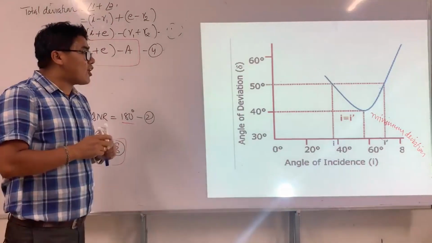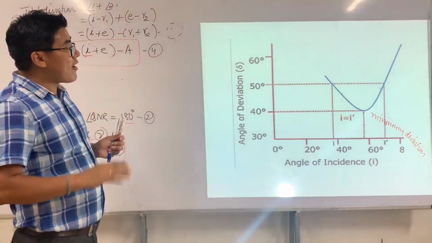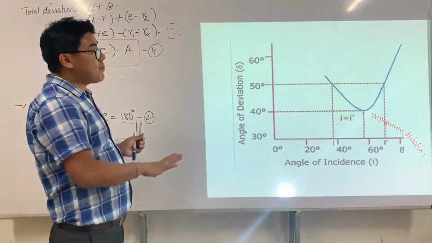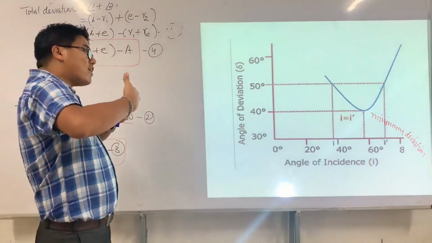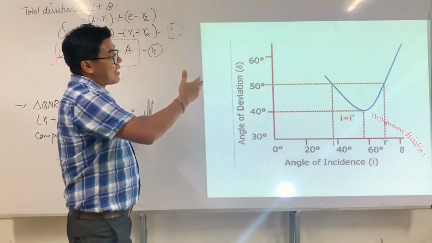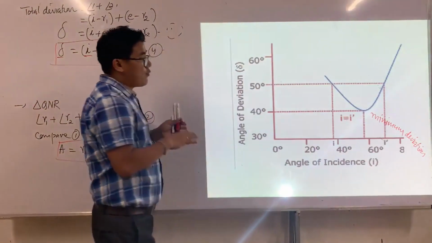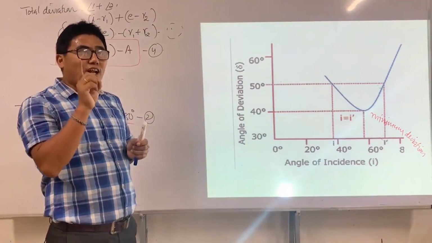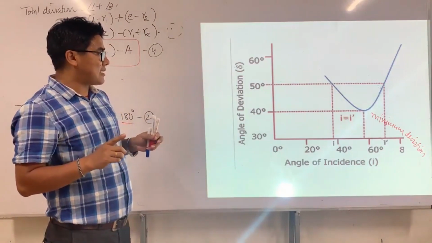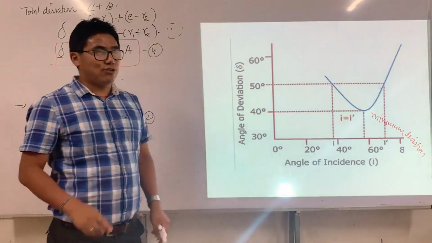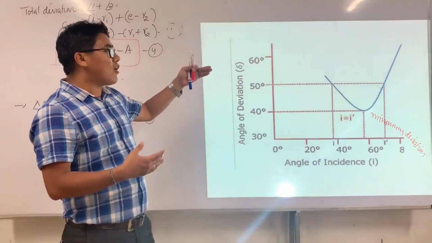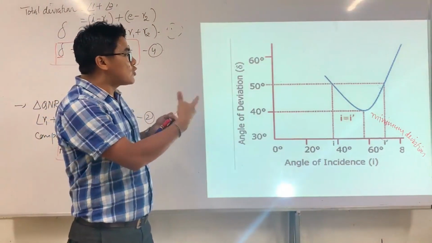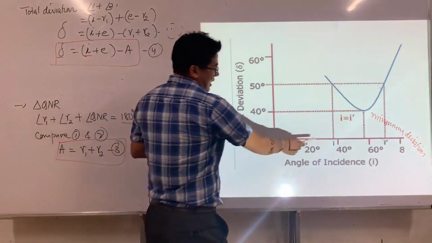So at a particular angle of incidence, the deviation becomes minimum, and if you further increase the angle of incidence, the deviation increases again. So when you look at the graph, only at a particular angle of incidence do you get minimum deviation. All other deviations correspond to two angles of incidence, like this.